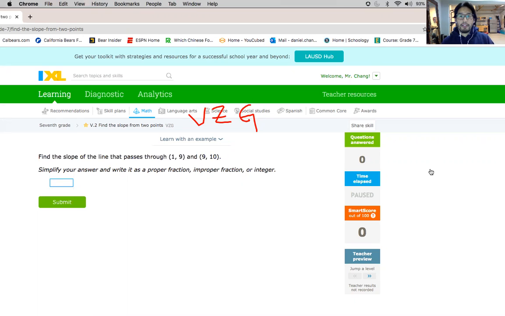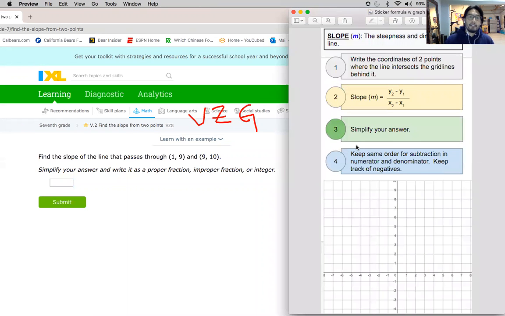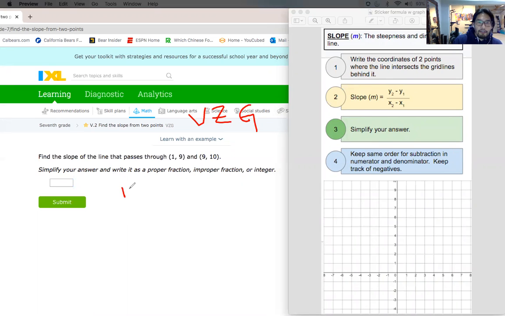And before we get started, I think what I'd want to tell you about this is, when you're doing VZG, first and foremost, you're going to have to do this all using the slope formula. So you have to have this formula for slope pretty much memorized in your head.